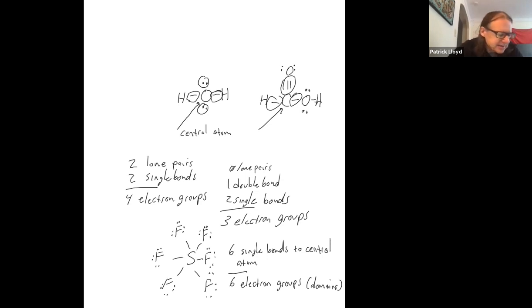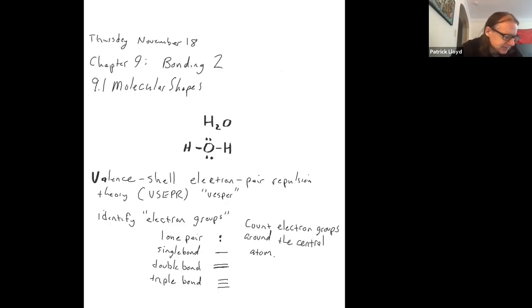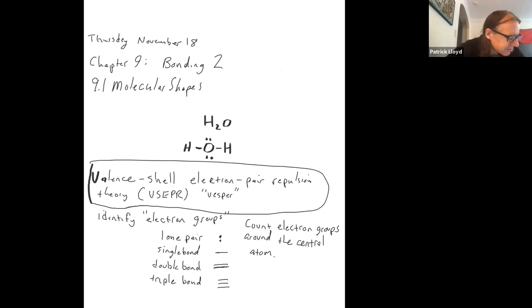Well, it comes back to how we defined this model, or how we titled this model: Valence Shell Electron Pair Repulsion theory. The better name for it might actually be valence shell associated electrons repulsion theory.